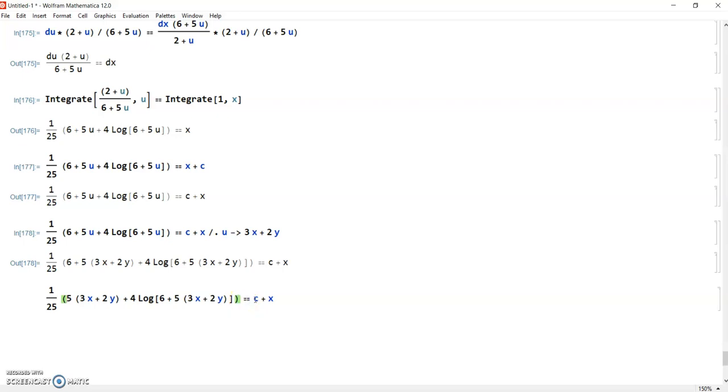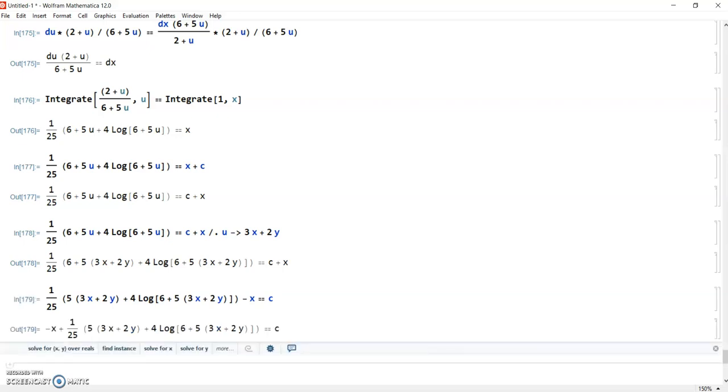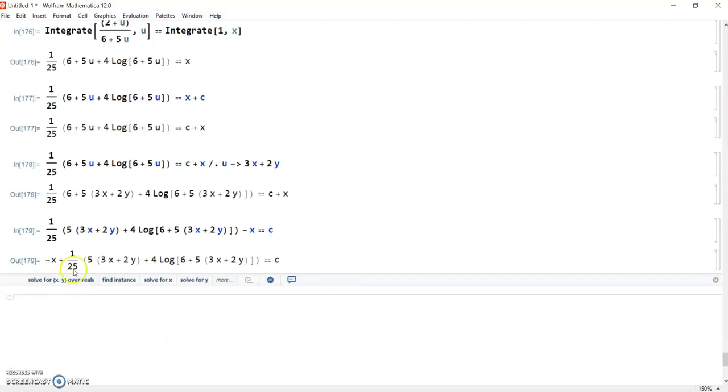And then I can take also x to that side, so that on the other side there is just a constant. Okay, so it will be like that. So this will be the final answer.